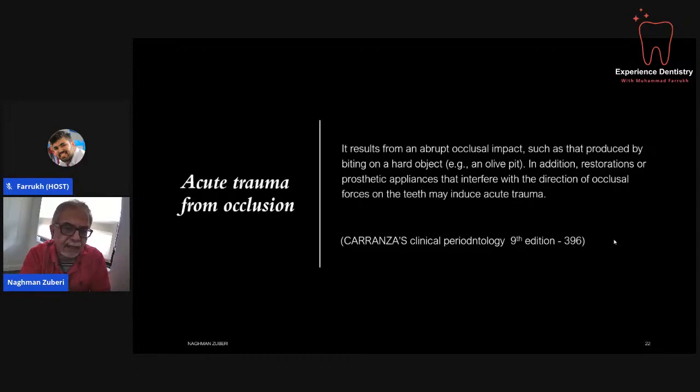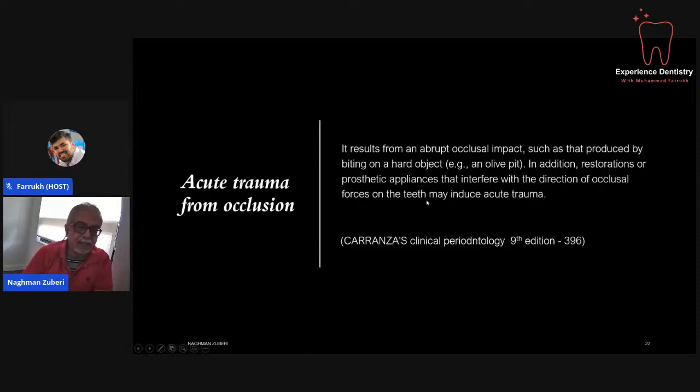Apart from that, a person who got some restorative procedure done in the recent past may come back with pain in that restoration. There would be some high spot, hyperocclusion, maybe a new crown or a new bridge, and even removable partial dentures, if they have some high spots, the effect will be on the abutment teeth.